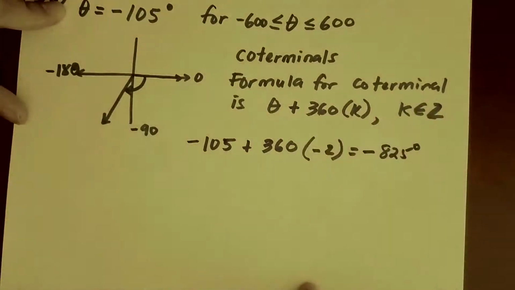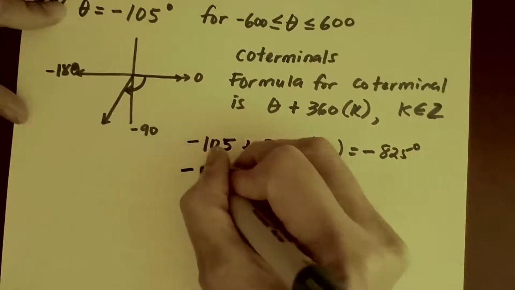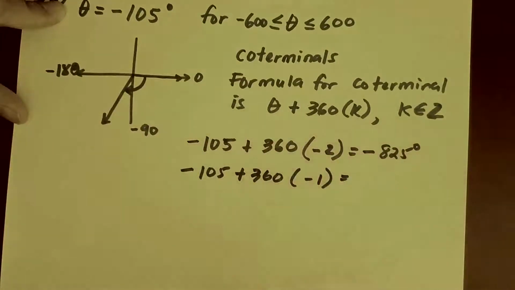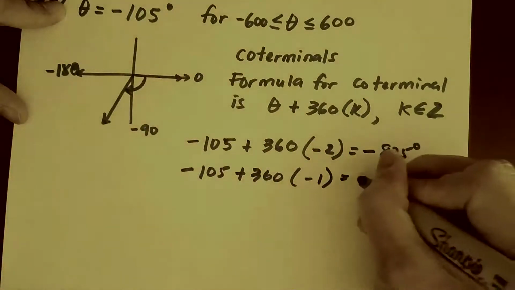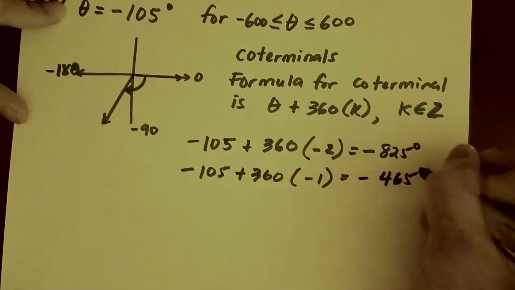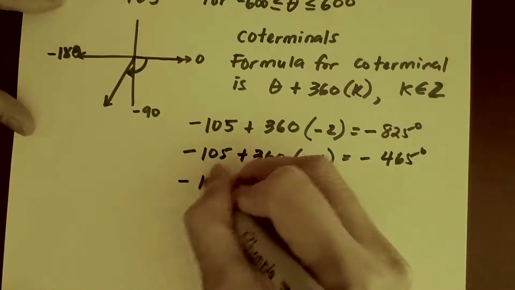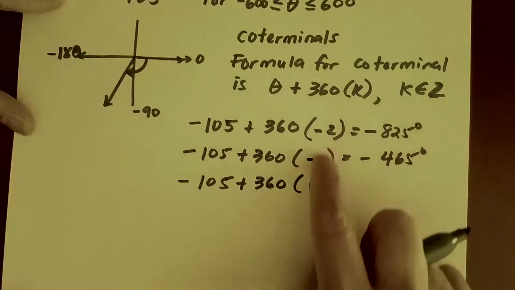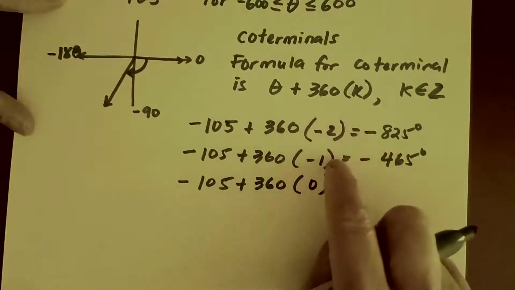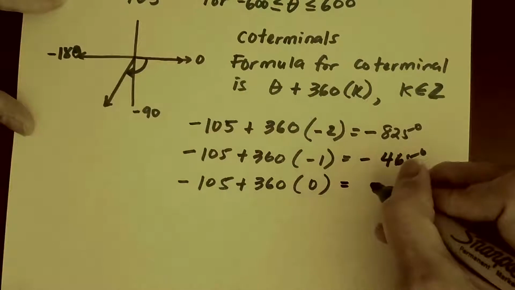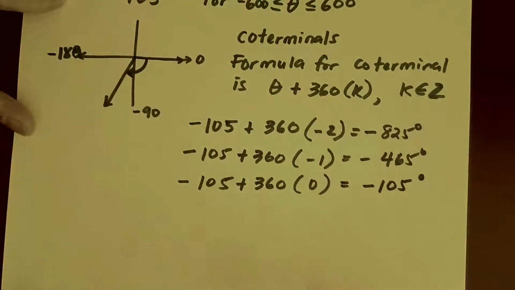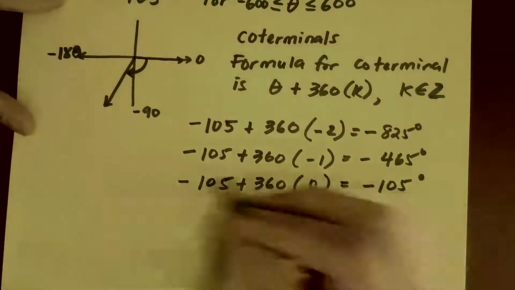I'm going to do a few. Negative 105 plus 360 times negative 1 gives us negative 465 degrees. Negative 105 plus 360 times 0. You're probably seeing that these are my integers: negative 2, negative 1, 0. That gives us negative 105 degrees, because negative 105 plus 360 times 0 is negative 105.